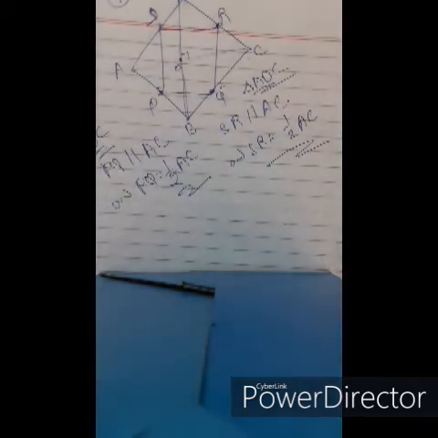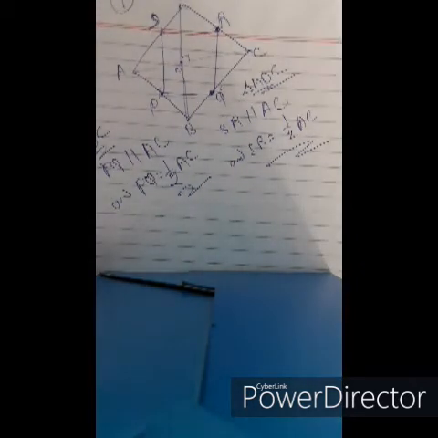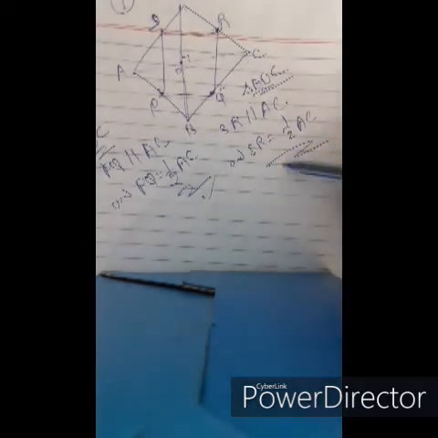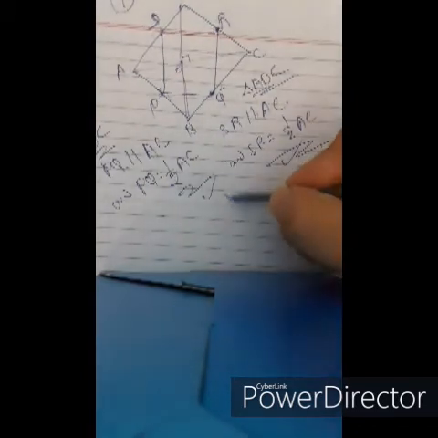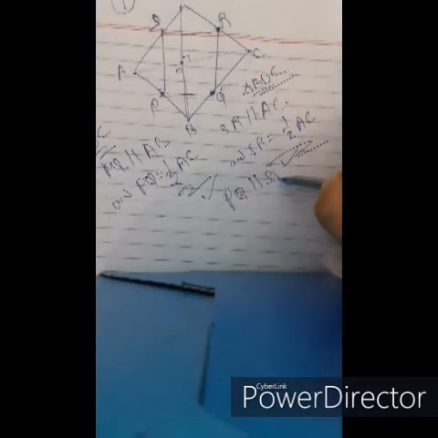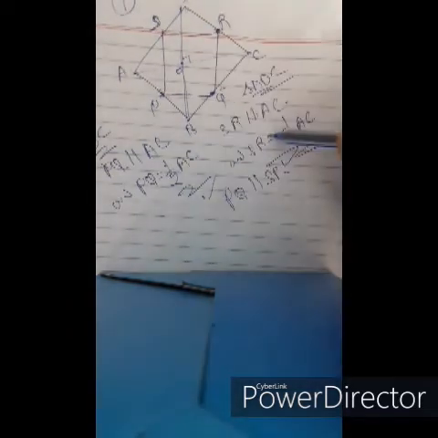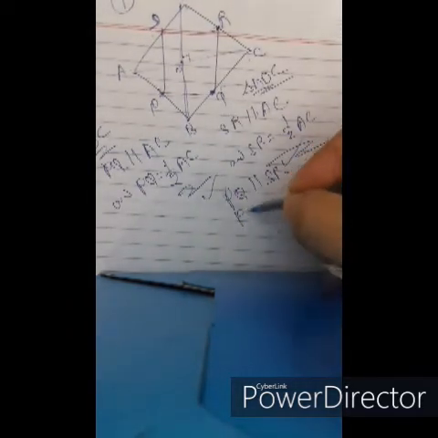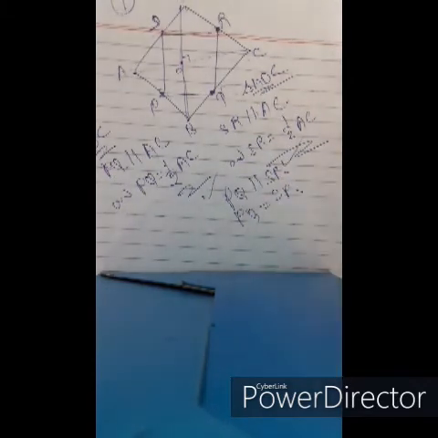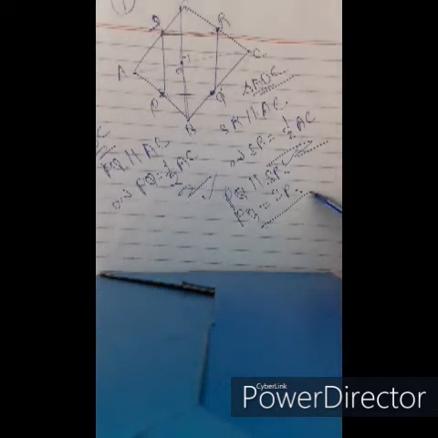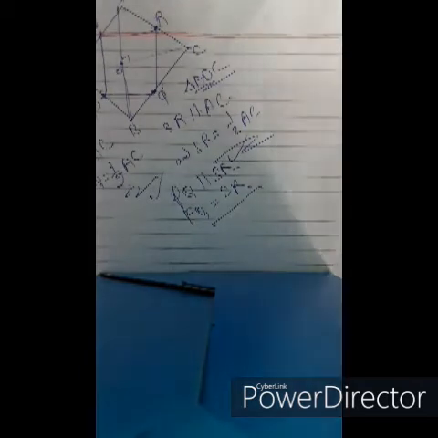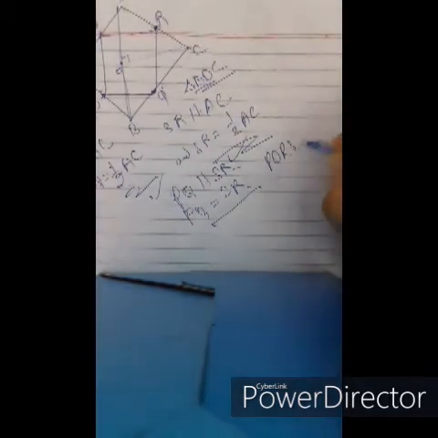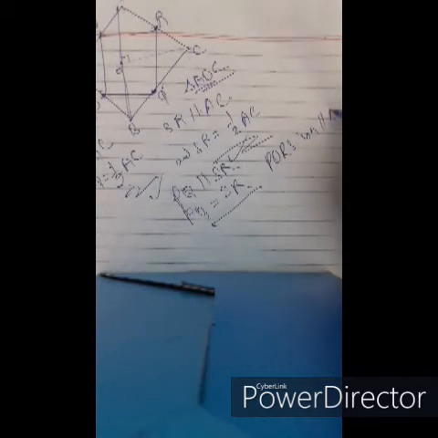So we got that. Therefore, from these two we can see that PQ parallel to AC and SR parallel to AC makes PQ parallel to SR, and PQ half of AC, SR half of AC makes PQ equals SR. So PQ parallel to SR and PQ equals SR meets the criteria of a parallelogram. So we have proved that PQRS is a parallelogram first.